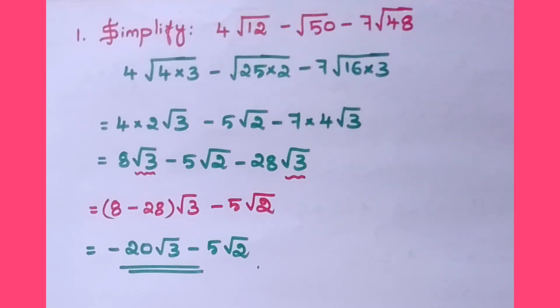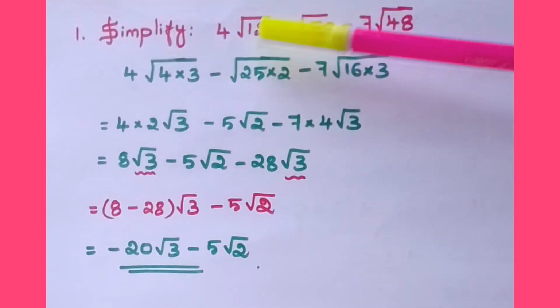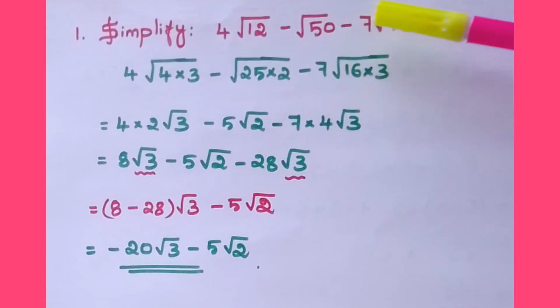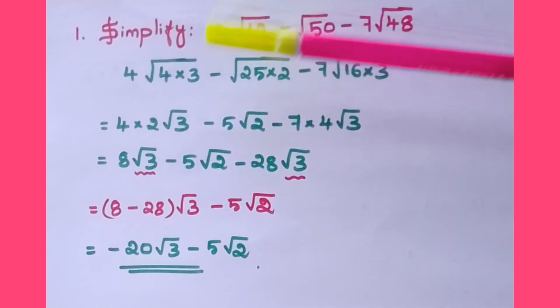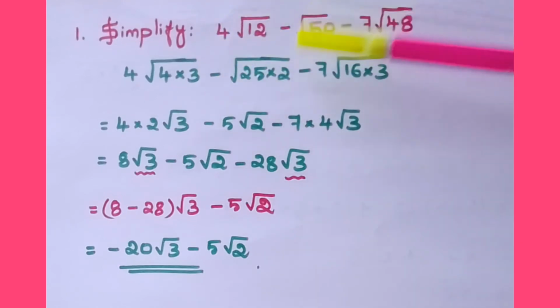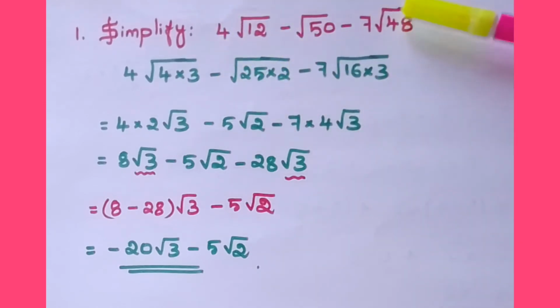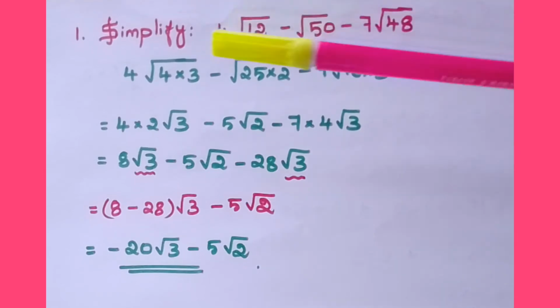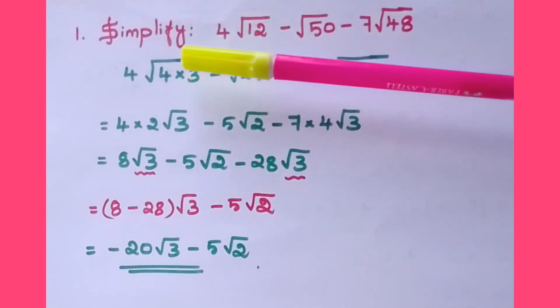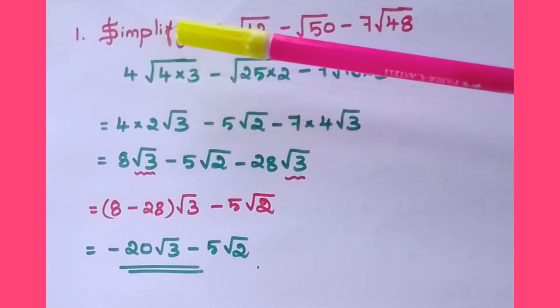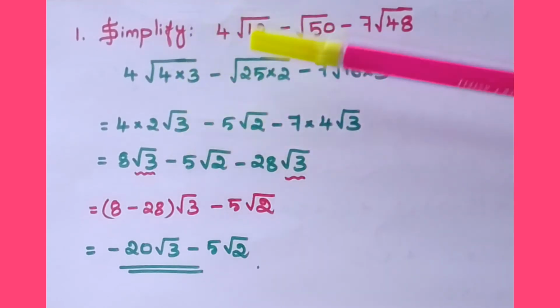First one, simplify 4 square root of 12 minus square root of 50 minus 7 root 48. Okay, how can you write this? 12 as 4 threes are 12, 50 as 25 twos are 50, 48 as 16 threes are 48. Then we can take out the square root of 4, whose value is 2. The root 3 remains the same.